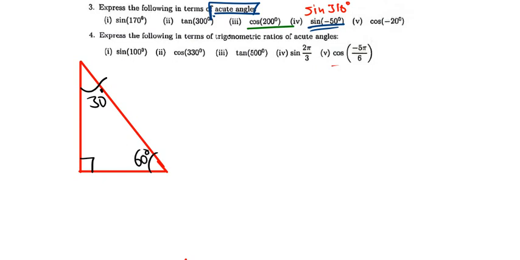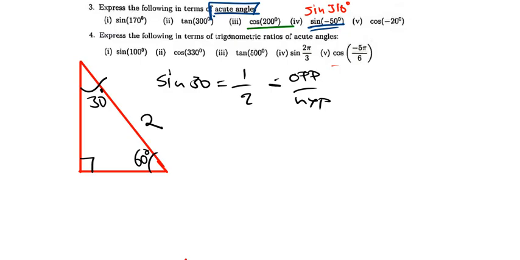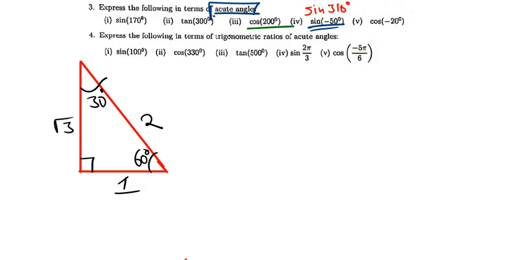So SOHCAHTOA tells us sine 30 is equal to 1 over 2, meaning that that is opposite over hypotenuse. So the hypotenuse is 2, the opposite is 1. The other side will obviously be root of 3. We can generate the other angles from this triangle that involve 30 and 60, and even 90, by the way.